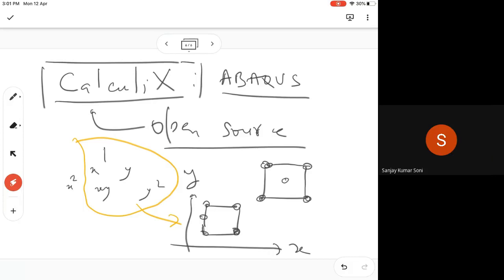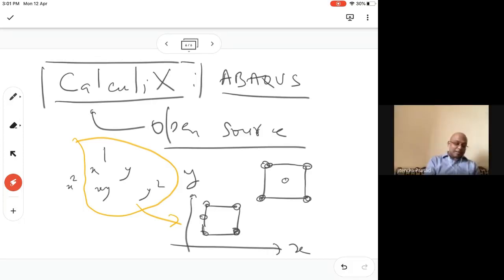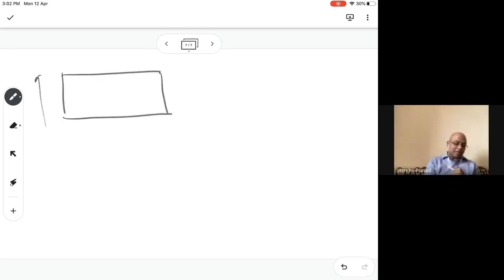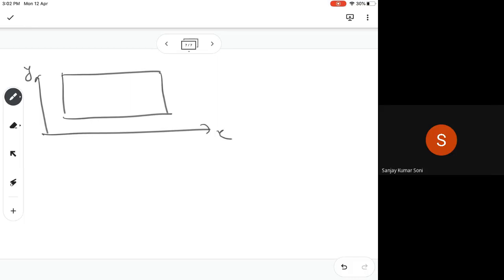Let's say I'm having a rectangle, and any point inside the rectangle in XY coordinates, let us say X and Y. I want to know at this point what should be the value of zeta and eta.